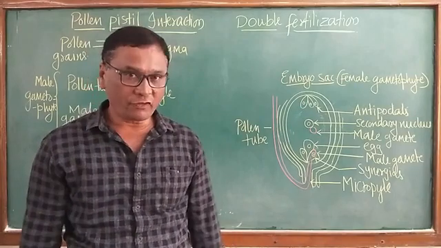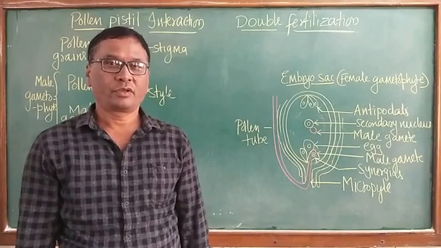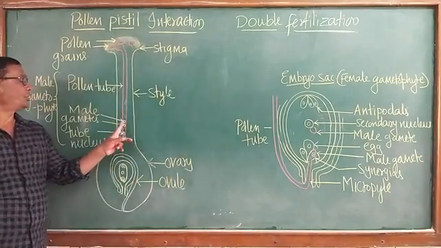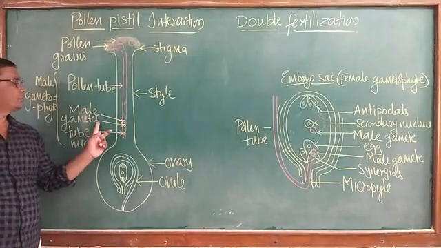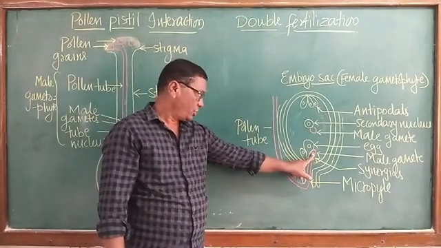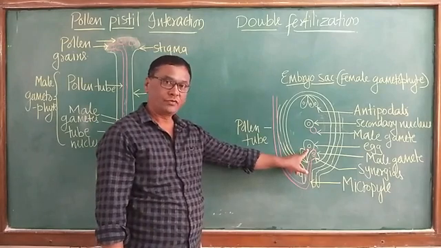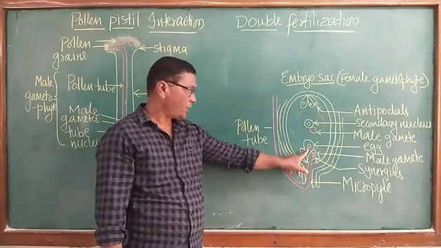What does this double fertilization mean? Of the two male gametes in the pollen tube, one male gamete unites with a haploid egg to form a diploid zygote.